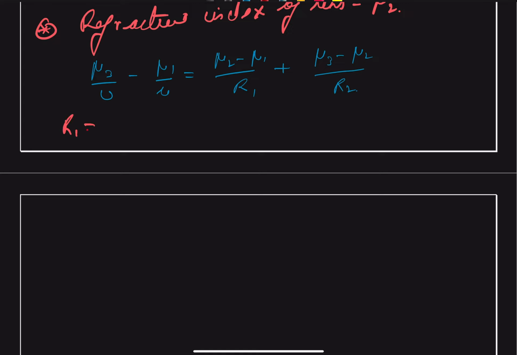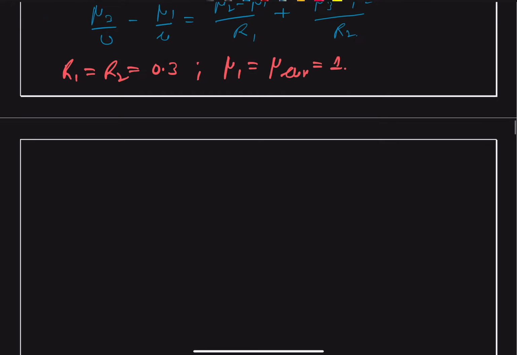So R1 is equal to R2, that is our 0.3, and mu1 is our mu of air, and that is equal to 1. And mu2 is our refractive index of glass that is given to us, and this is our 3 by 2, and we have mu3, that is our refractive index of water, that is also given to us, that is given as 4 by 3.